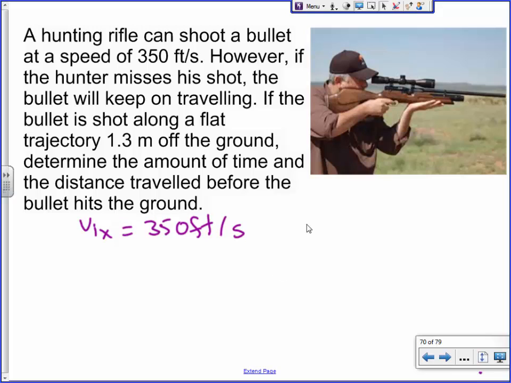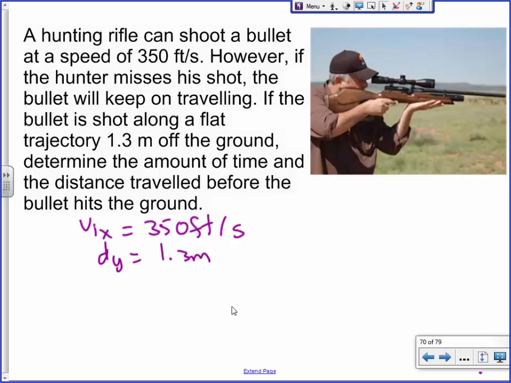That's the first thing I know. It also gave me a height of 1.3 meters above the ground. In a way, that's how much y distance this thing is going to need to fall. It's going to have to fall 1.3 meters. Makes sense? Because in the up and down direction, that's how far the bullet needs to fall.